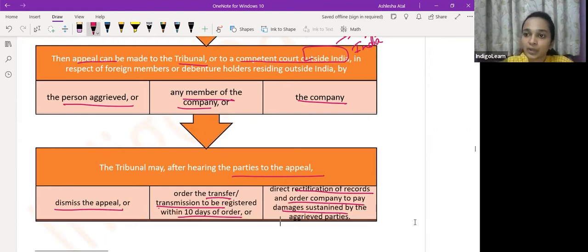So जो भी damages हुए हैं, जो भी damages aggrieved party को हुए, the company will have to pay the damages to the aggrieved party. Is this clear? ये समझ में आया? Rectification of register.